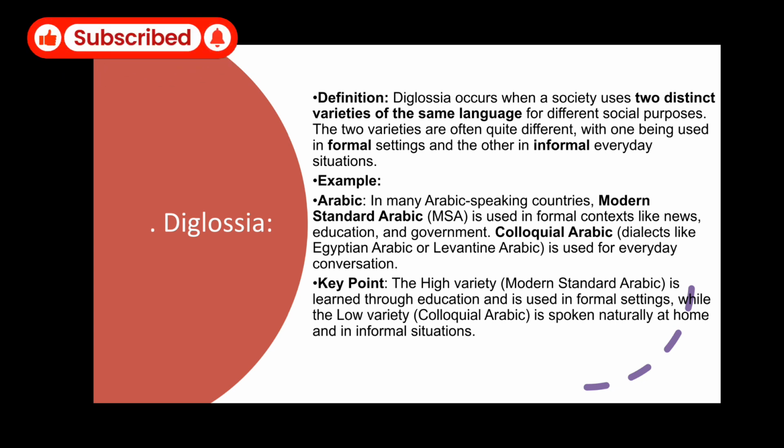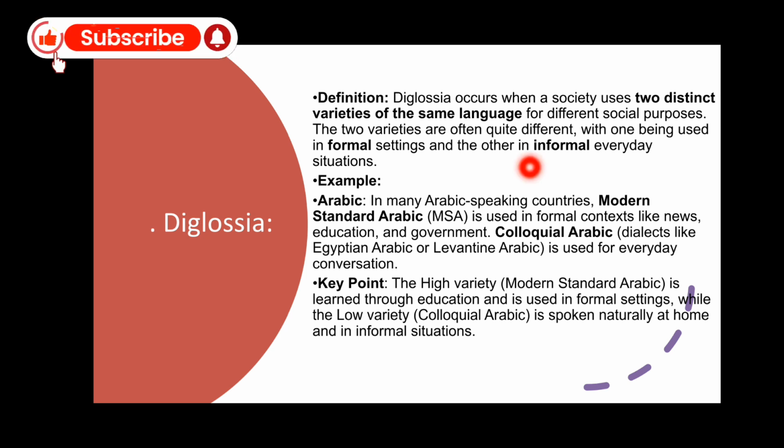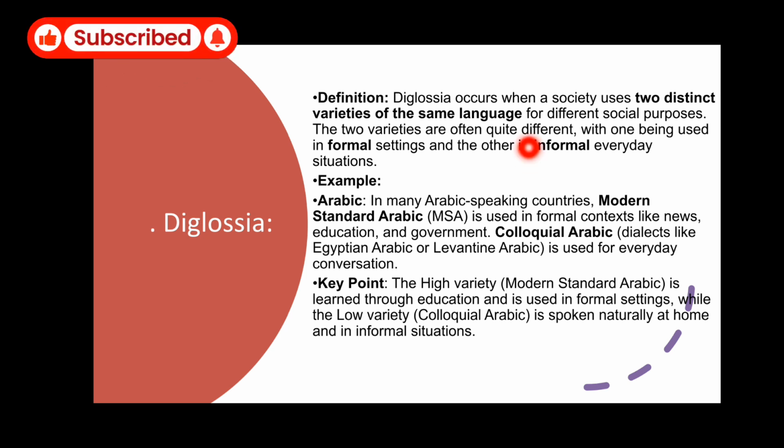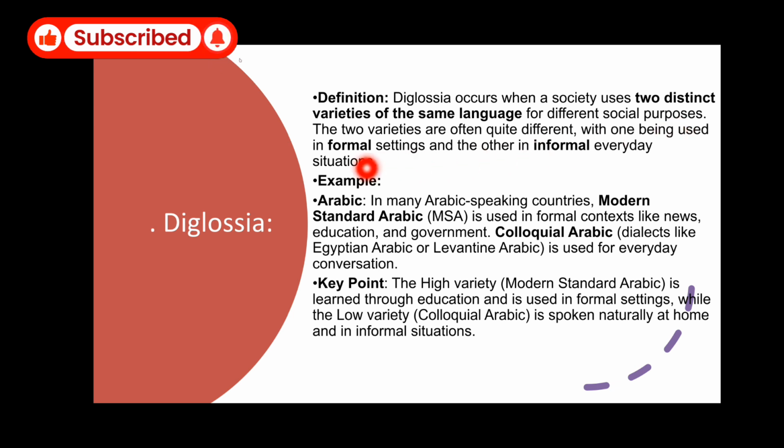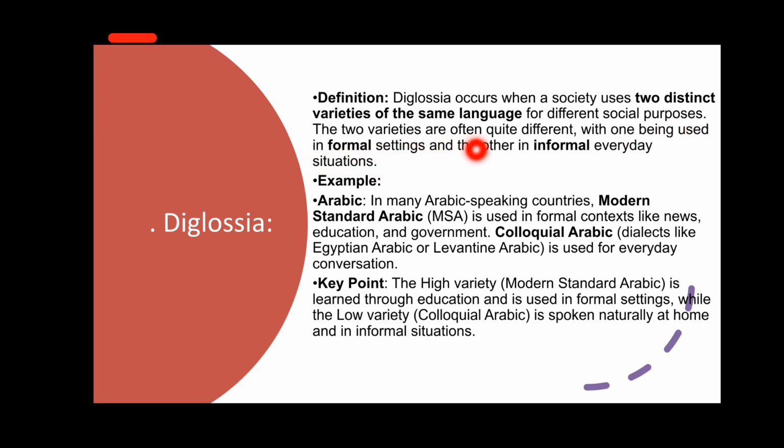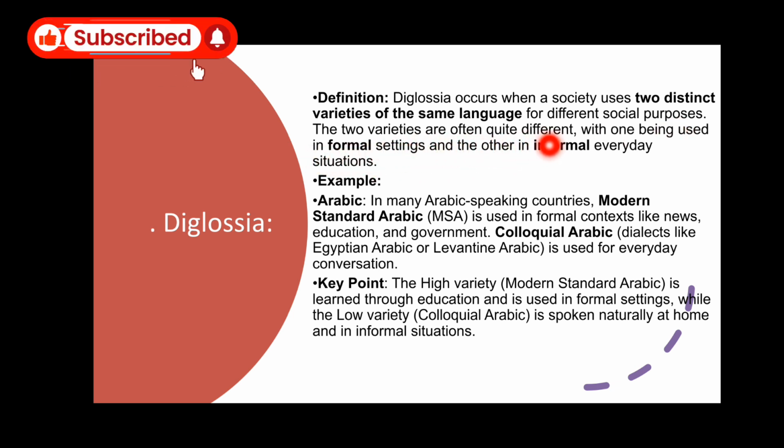One language but two different varieties used by the same or single speech community. Now, what is the purpose? For different social purposes. The two varieties are often quite different. So these two varieties are quite often different, right?